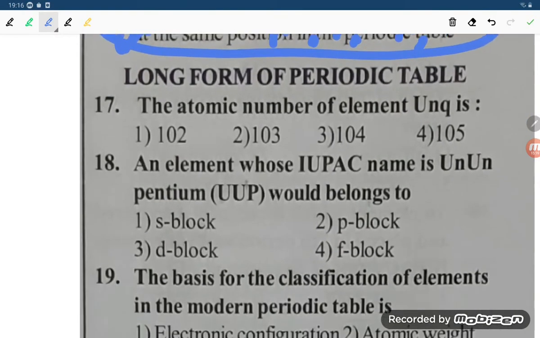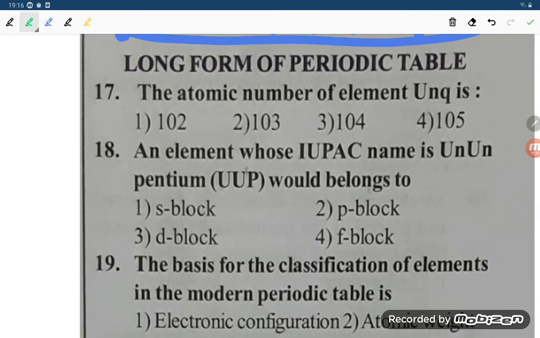Now let us move to question number 17. The atomic number of element Uuq. U means un, which means 1.